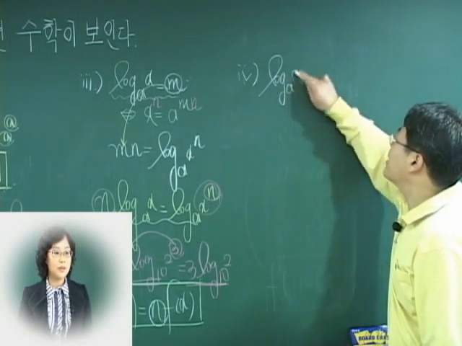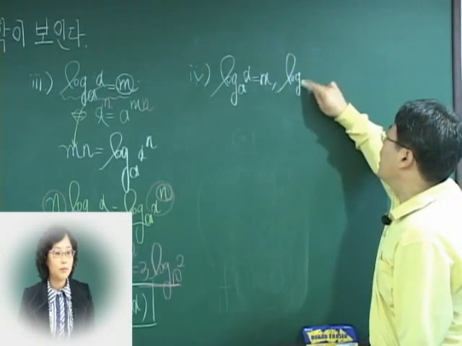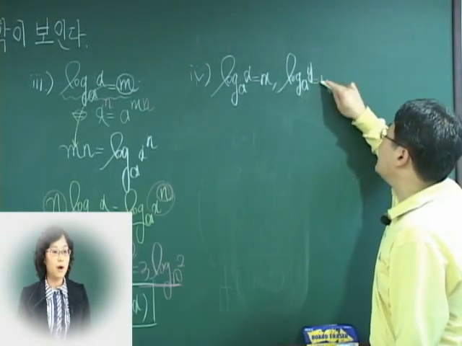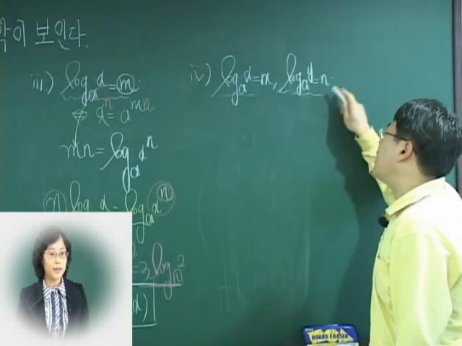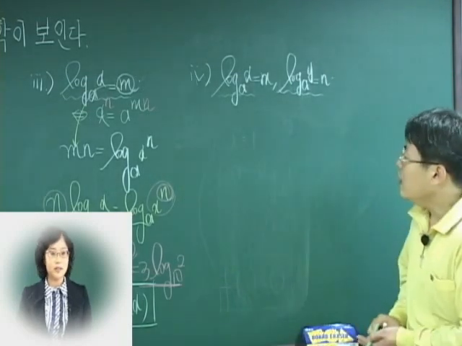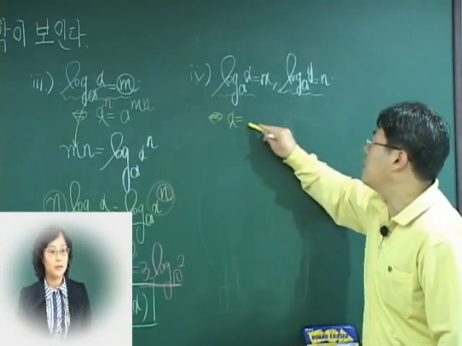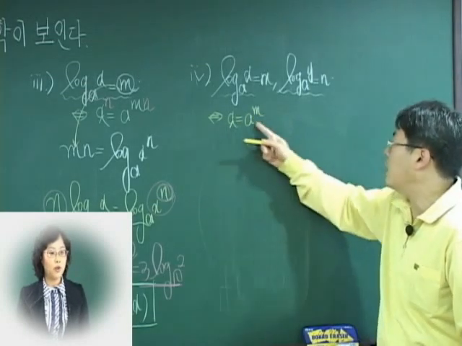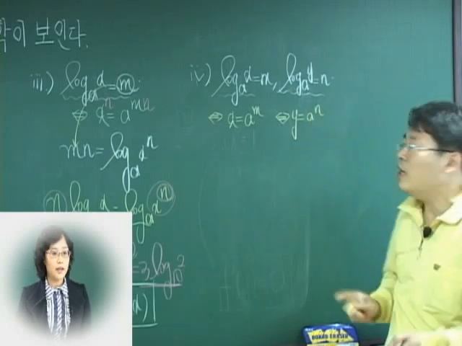Log base a of x equals m, log base a of y equals n, with two kinds. Okay, let's think it over once more. x equals a to the m power, an exponential form, and y equals a to the n power.